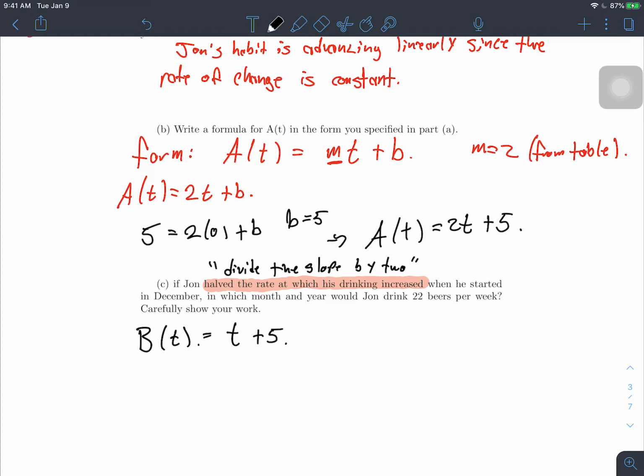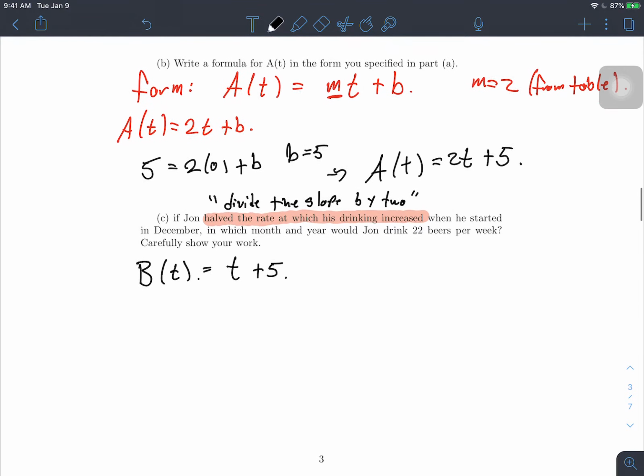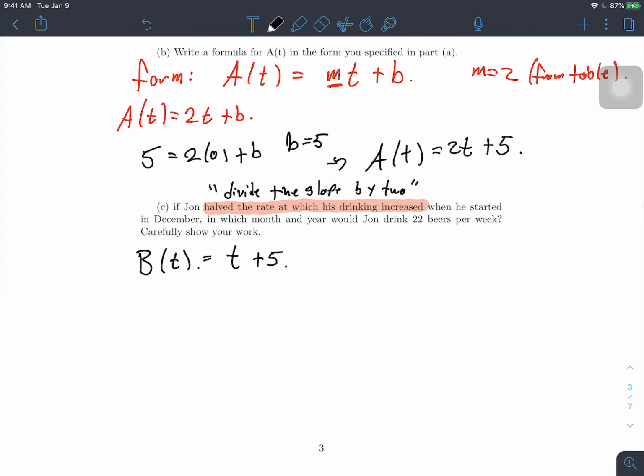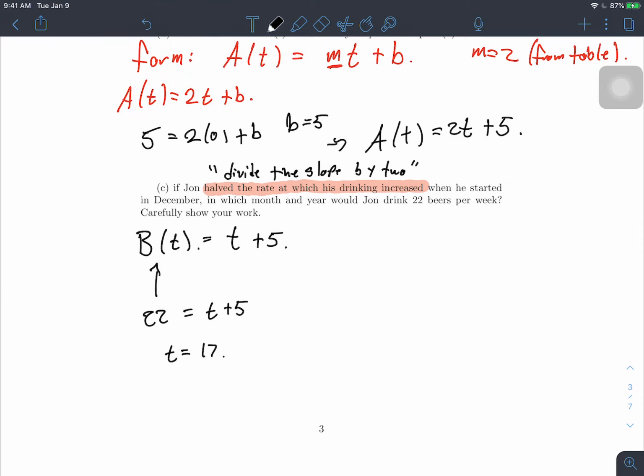And the question they ask us is, in which month and year would John drink 22 beers per week on average? Okay, so what we really want to say is that this thing should be 22. So we want to solve 22 equals t plus 5 and then interpret our answer. Well, I can just move 5 over to the other side and I get t equals 17. And now I need to interpret which month and year corresponds to t equals 17.